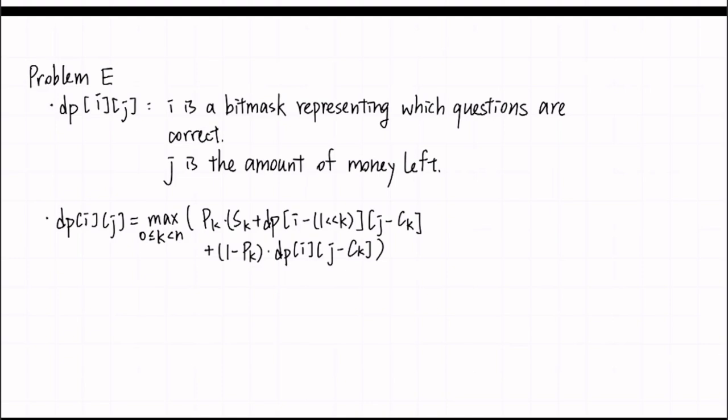And this part, j minus ck, I think j should be the amount of money that has already been used.